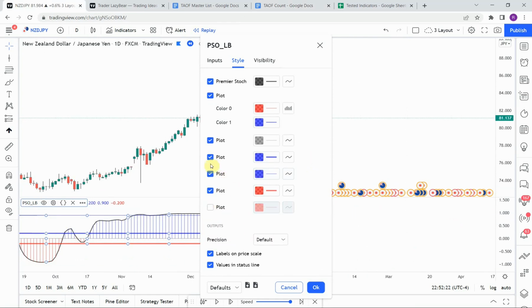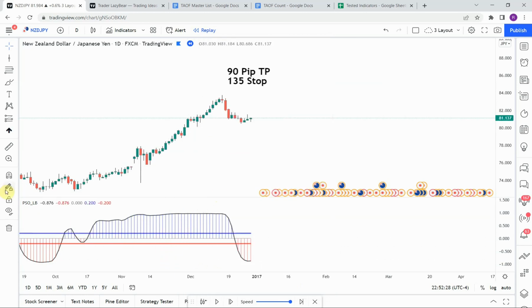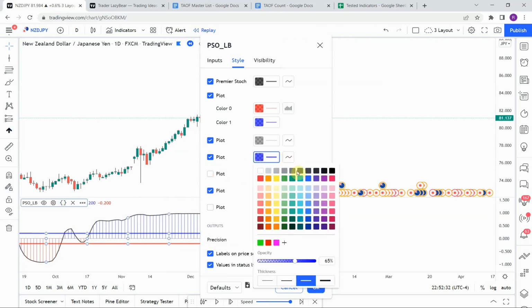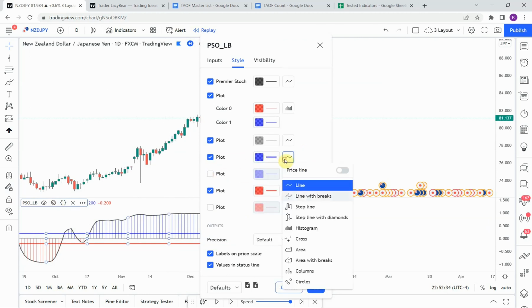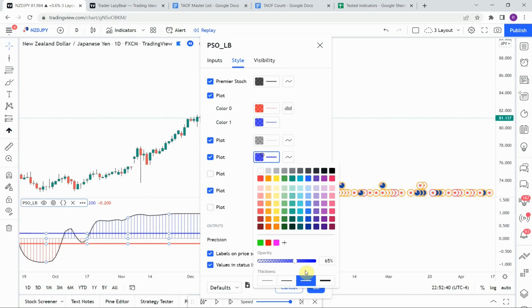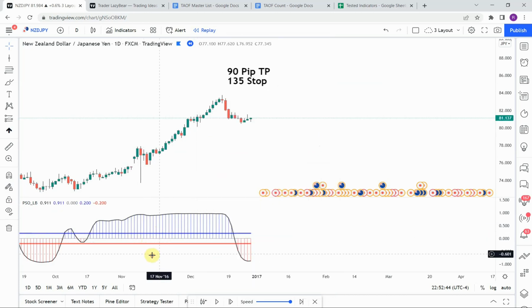So turn those off to streamline things a little bit. And I turned these here from crosses into a line, and I bumped up the weight of it from this one to this one here, so that it stands out just a little bit more.